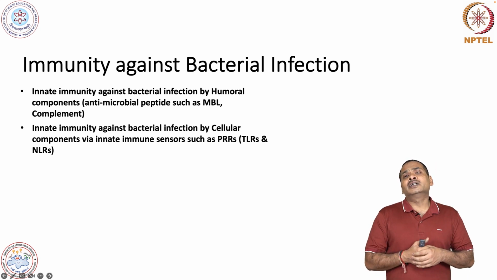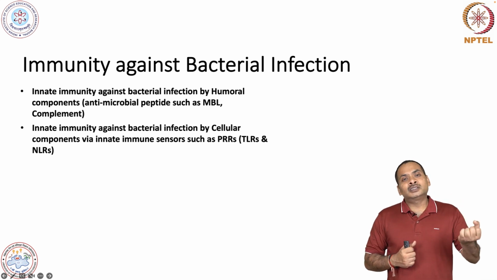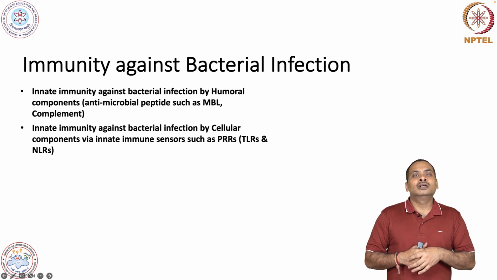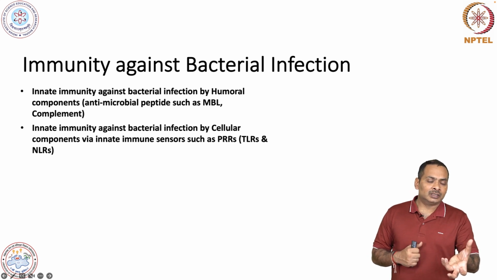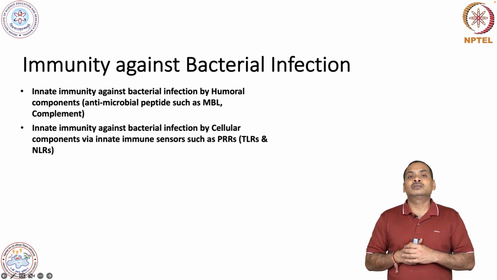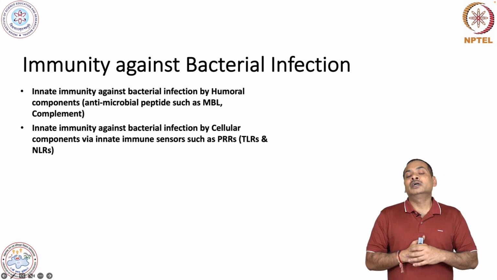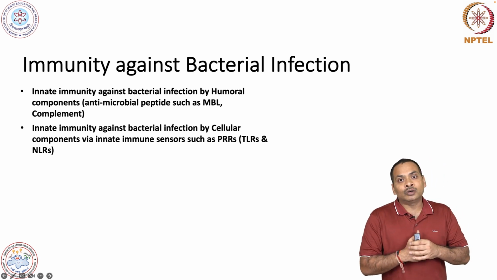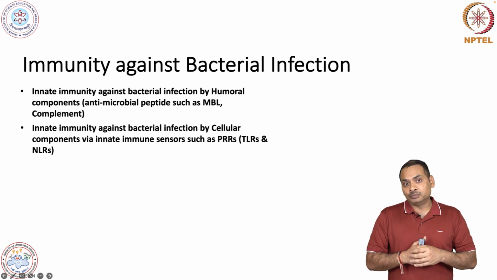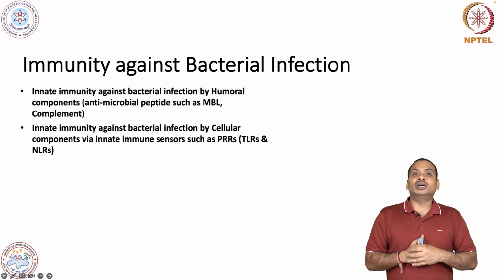Besides TLR, there is NLR. So NLR, if you remember, some NLR members are present inside the cell, and they sense the bacterial component and activate NF-kappa B in order to induce the pro-inflammatory cytokines. And there is another family of NLR which makes a multi-protein complex, which we call inflammasome, and this inflammasome plays a very important role in production of IL-1 family cytokines.